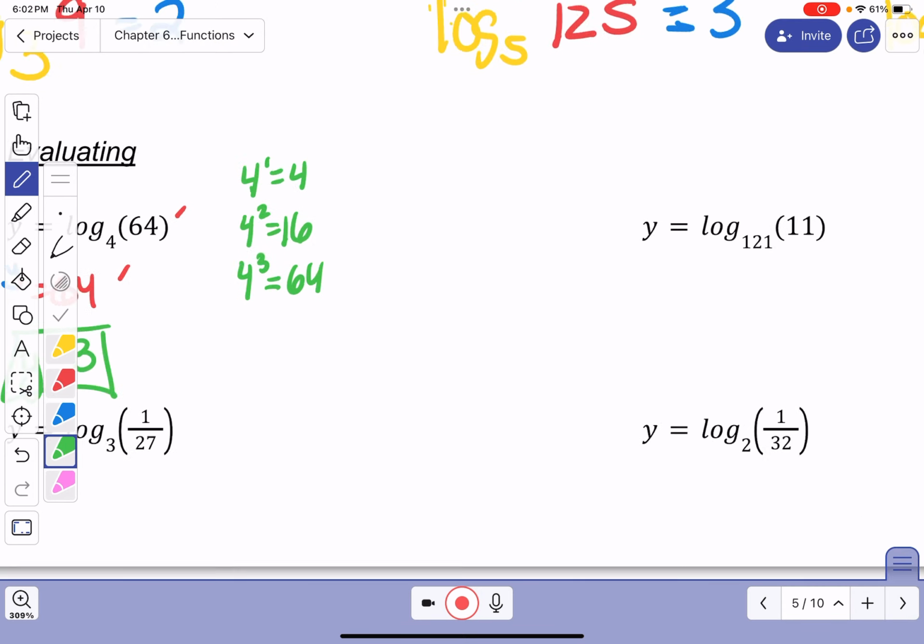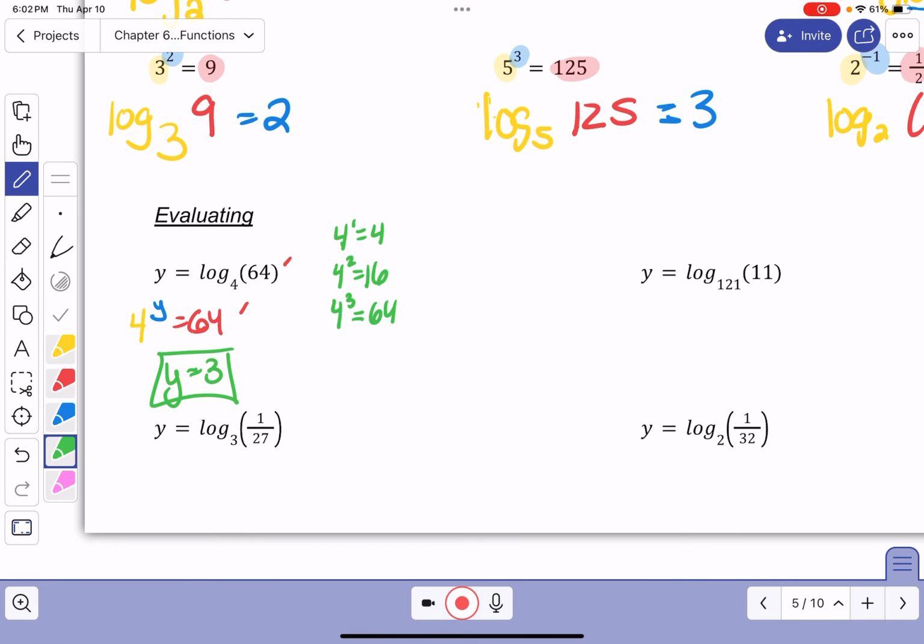So let's do the same thing over here. We have 11 to the y equals 121. I did that backwards. Sorry. The base is 121. 121 to the y equals 11.